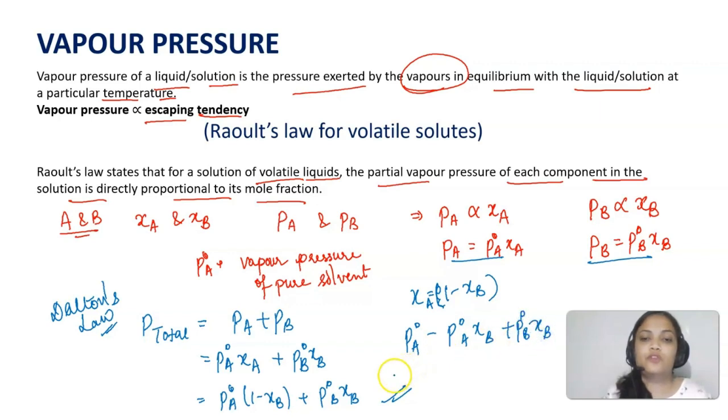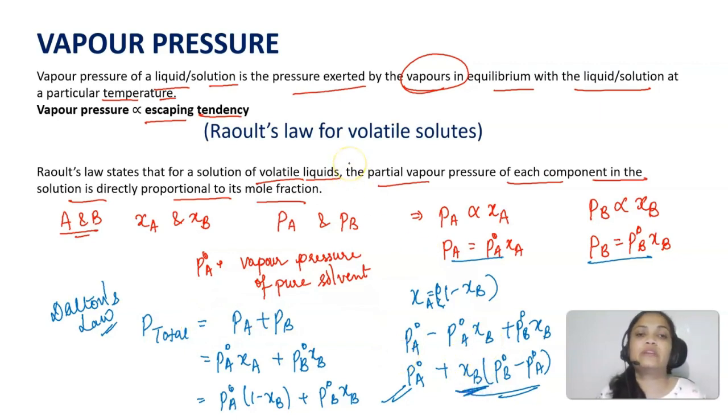From here you can write it like this: XB times (P naught B minus P naught A). So students, what you can see is that the total pressure will depend on the mole fraction. That's what we get to know about solutions from Raoult's law of vapor pressure.